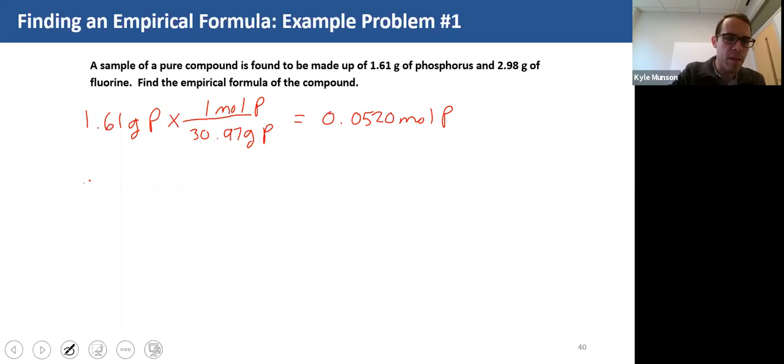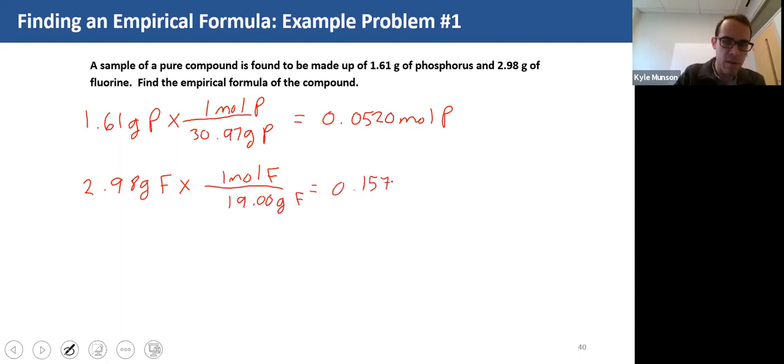Then I'm going to do the same thing for fluorine here. 2.98 grams of fluorine times, for every 1 mole of fluorine, 19.00 grams of fluorine, gives 0.157 moles of fluorine.